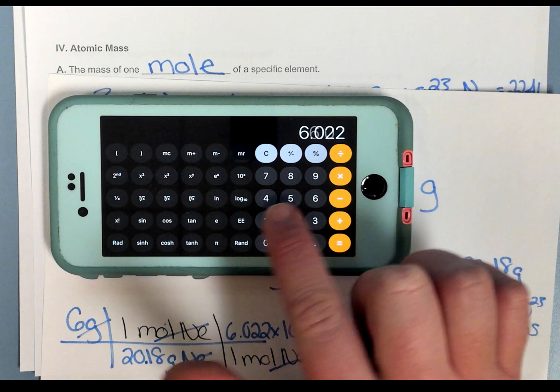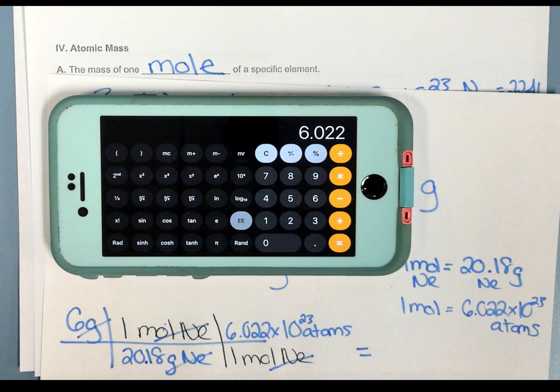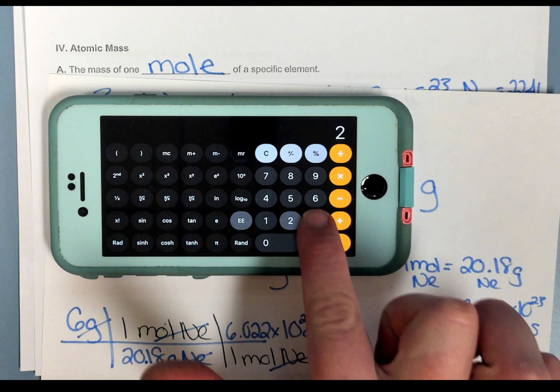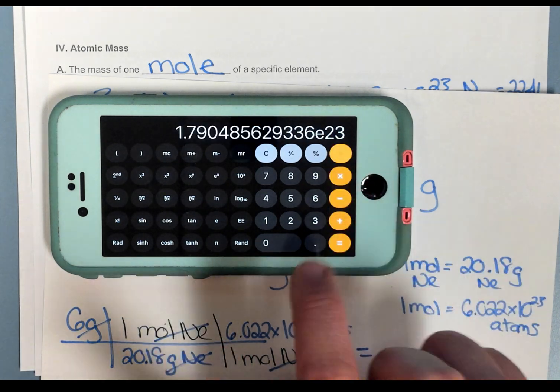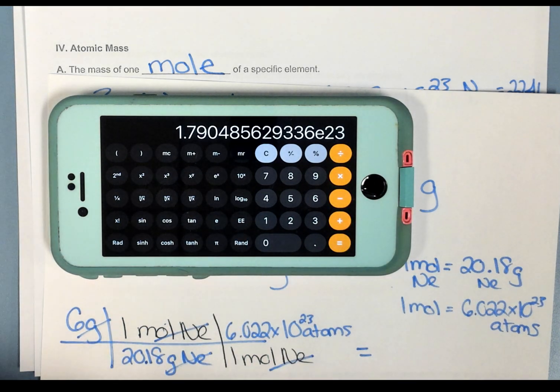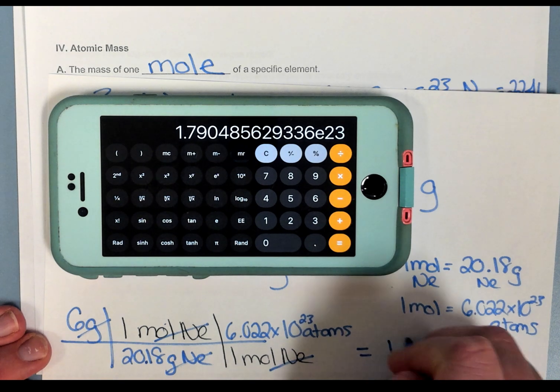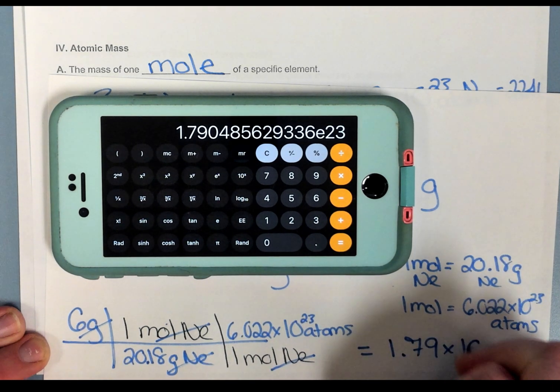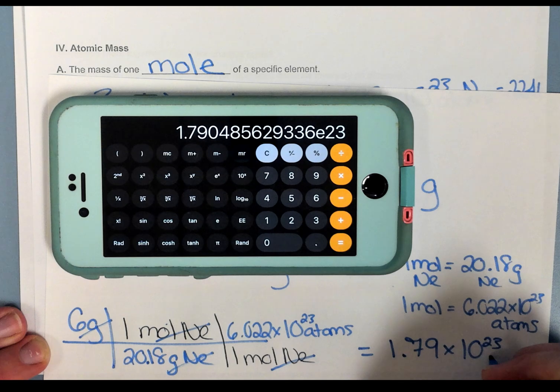Hit that E button. It's going to become your friend. 23 divided by 1, and we get our answer of 1.79 times 10 to the 23 neon atoms.